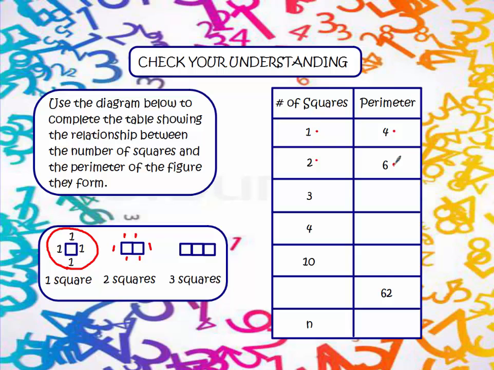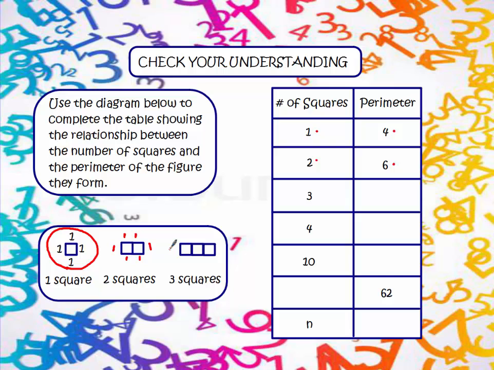So you need to try and figure out what the perimeter for 3 squares would be, for 4 squares, for 10 squares. Find out what the number of squares would be to make a perimeter of 62, and then try to generalize this by saying if you had n squares, the perimeter would be something times n or something plus n in some way like that.